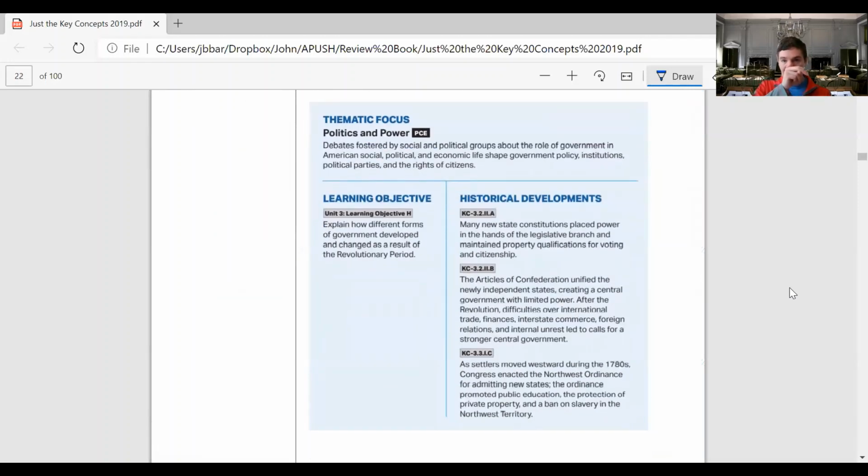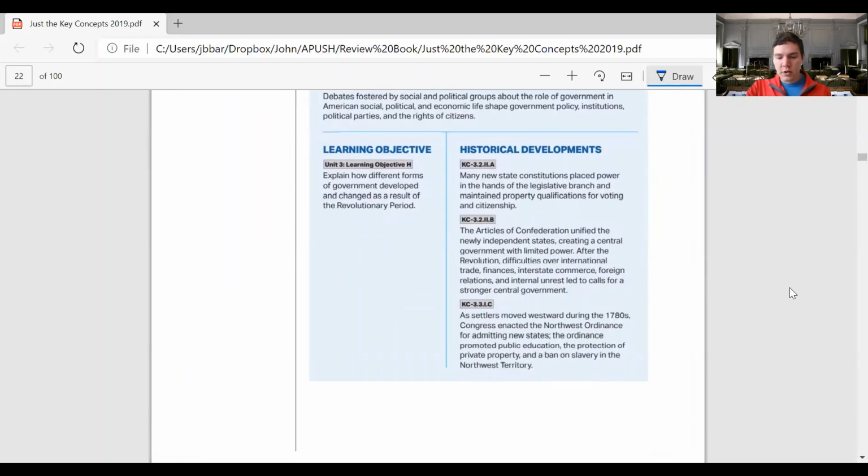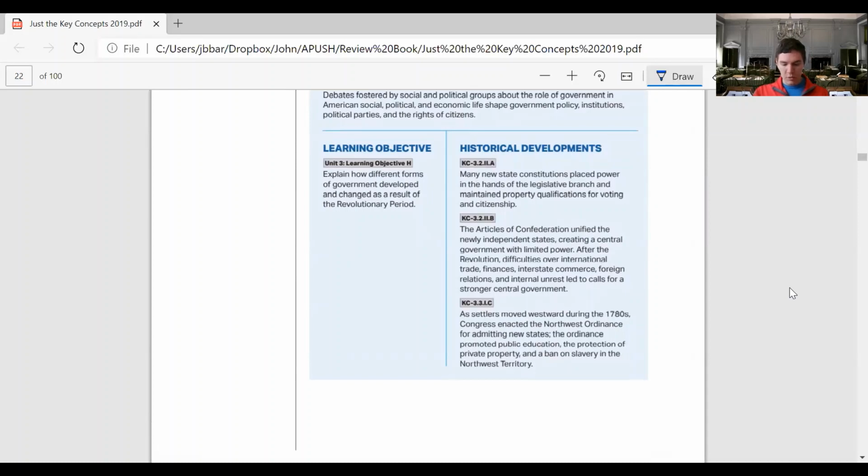Okay. So the Articles of Confederation. The Articles are a document setting up our government, and it's created in 1776. As soon as we declare independence, we say, okay, we need to come up with a government, and so they create the Articles of Confederation.